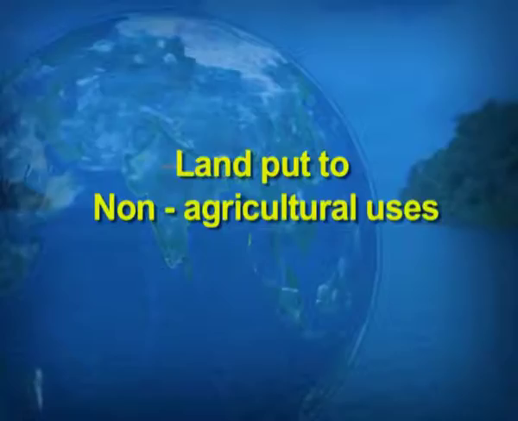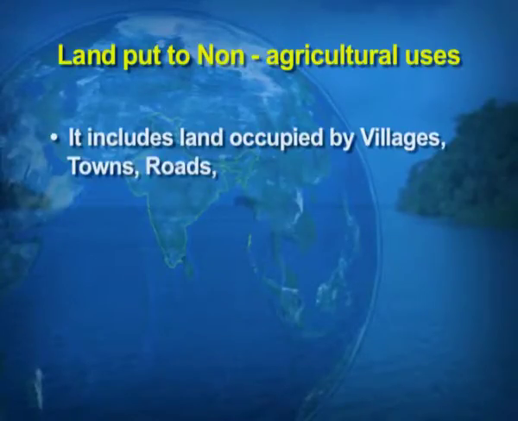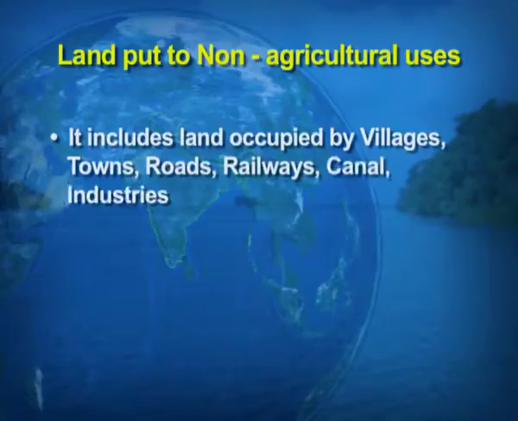Now, the next land use category is land put to non-agricultural uses. What are the non-agricultural uses, children? Besides the agricultural land where we are growing the crops, all other uses are non-agricultural uses. For example, villages, towns, roads, railways or industries are all under the non-agricultural uses.